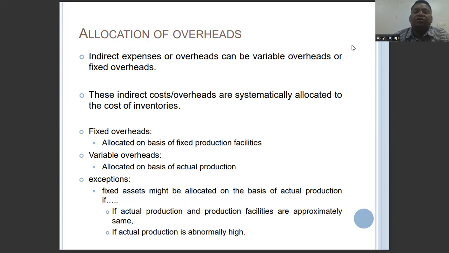Fixed overheads are allocated on the basis of the normal capacity of the production facilities. Variable overheads are allocated on the basis of actual production. If actual production is abnormally high, fixed overheads allocated are adjusted accordingly.